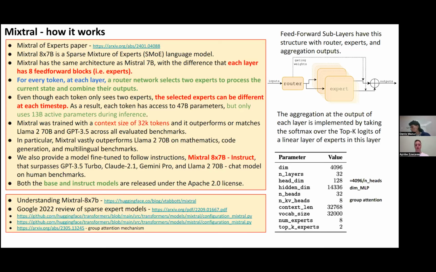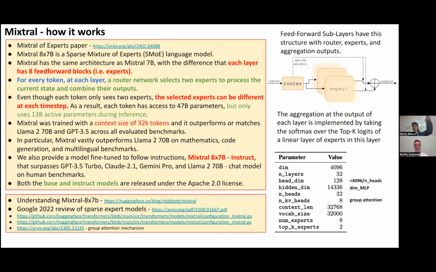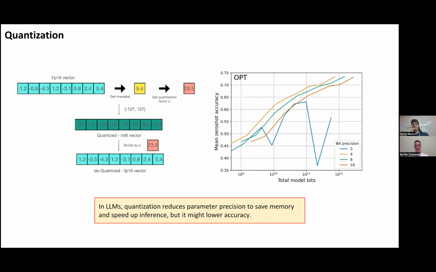And today we will be talking about those tricks. I'll figuratively give the microphone to my colleague, Artyom, who will be telling you the first part of our method, namely quantization. Artyom, please. Thank you, Denis.